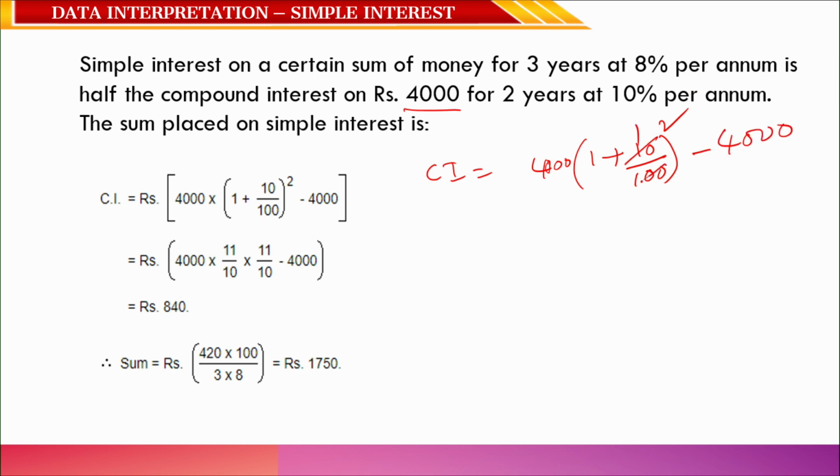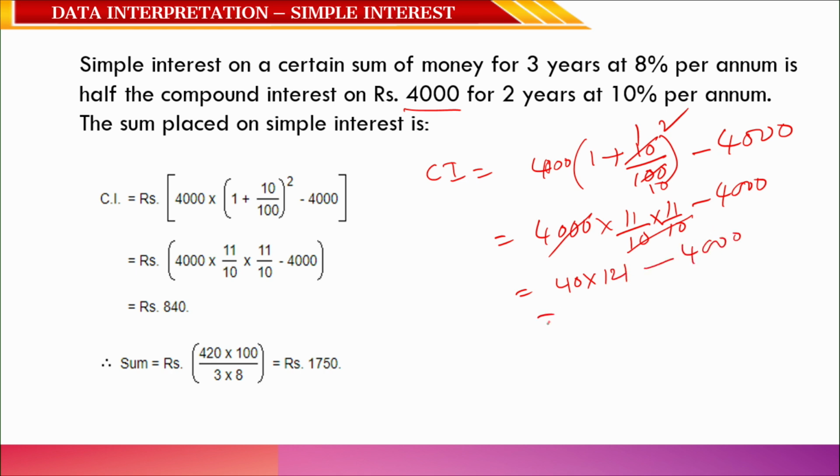10 ones are 10, tens are, means it is 4,000 of 11 by 10 of 11 by 10 minus 4,000, correct. So, you can say this 100 and this 100 will get cancelled. 40 of 121 minus 4,000, it is simply 840 rupees.